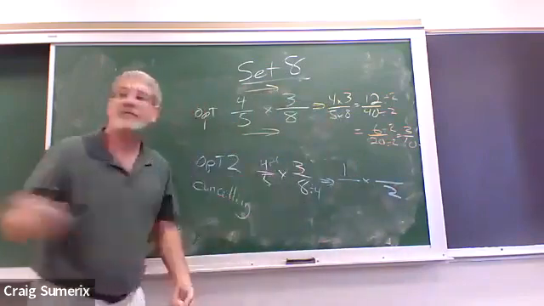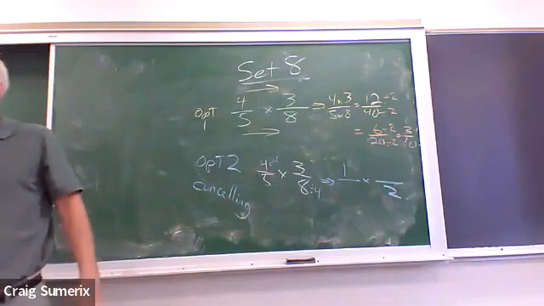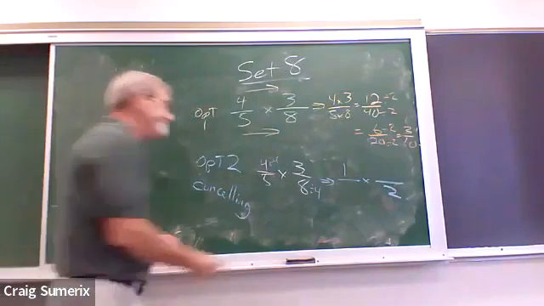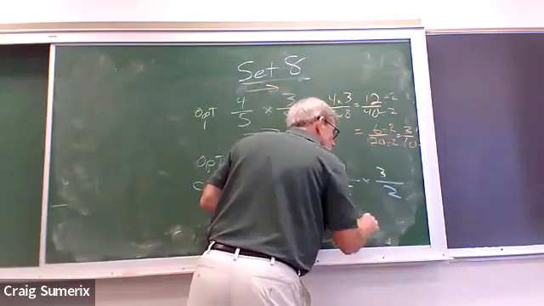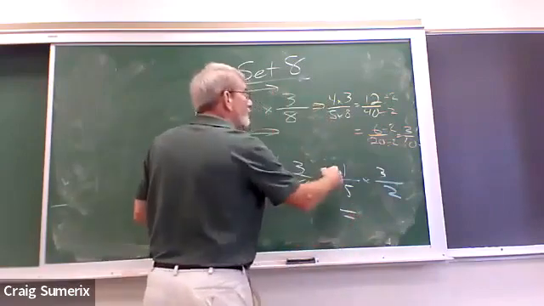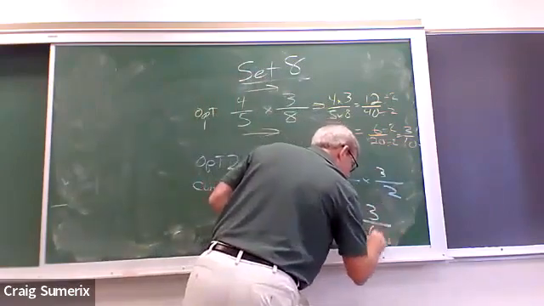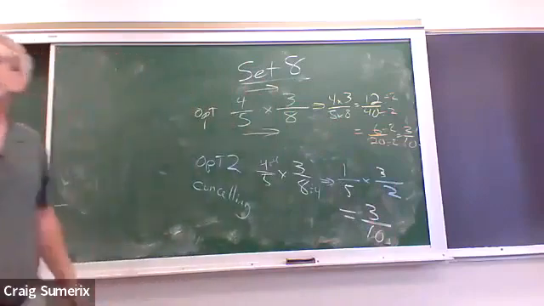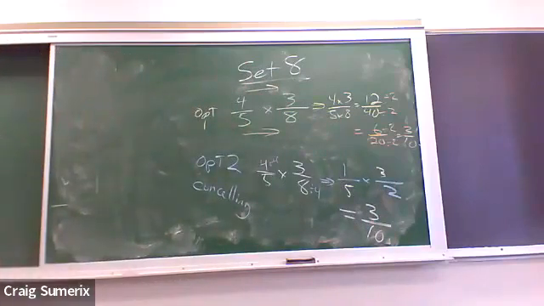What about 3 and 5? Anything that goes into 3 goes into 5. Now if I multiply across the top and across the bottom, I get the same answer. The nice thing about canceling is you're using smaller numbers.